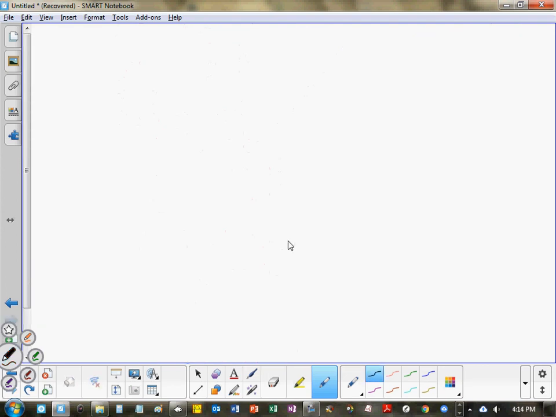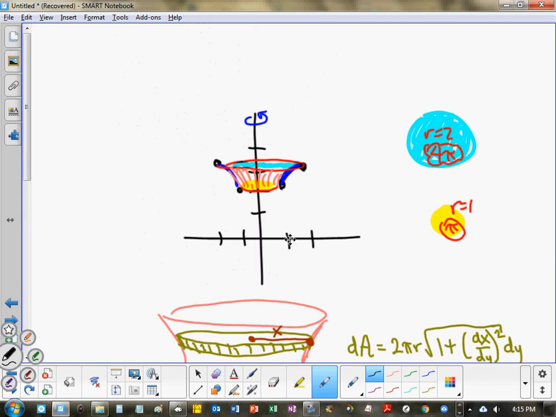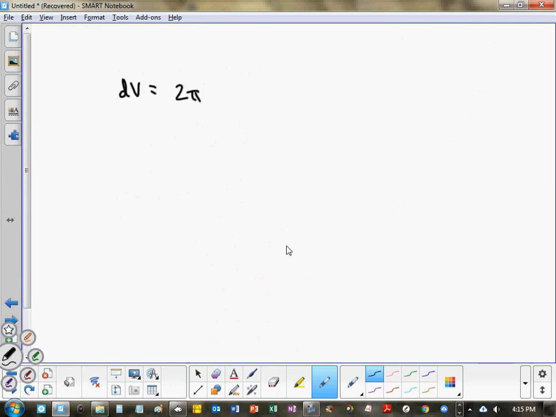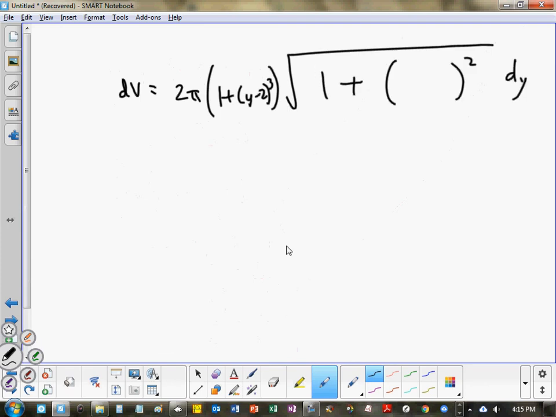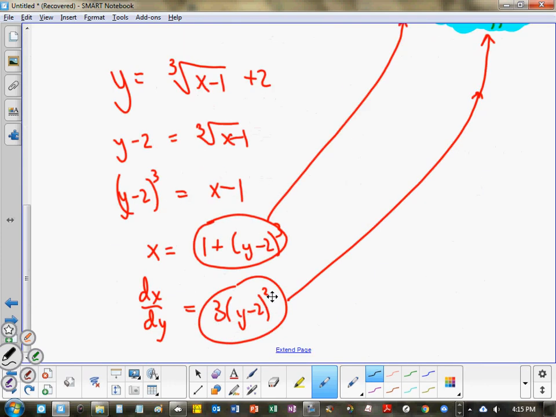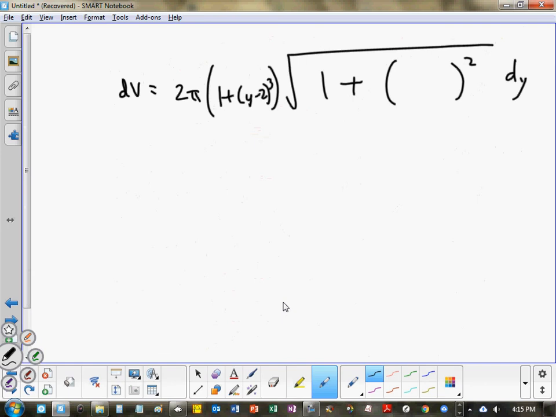Okay, so let's write it all out. So I have, basically, for my differential area, all in one variable, 2 pi times (1 plus (y minus 2) cubed) times the square root of 1 plus, and then I have 3 times (y minus 2) squared, and then that also is squared.